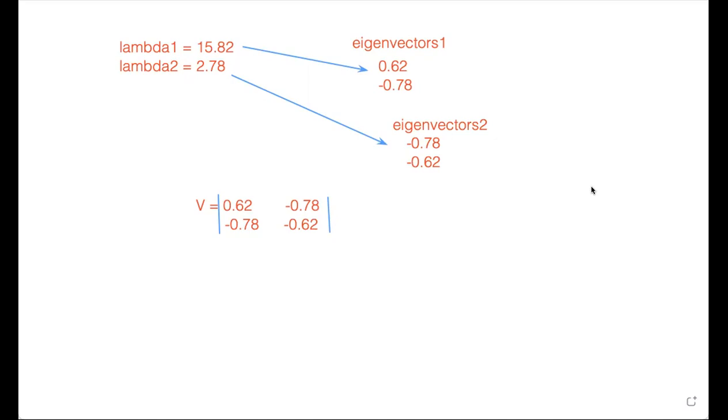So the total variance explained if we only use one principal component. To calculate the total variance, it will be 15.82 divided by 15.82 plus 2.73, where 2.73 is lambda number 2.